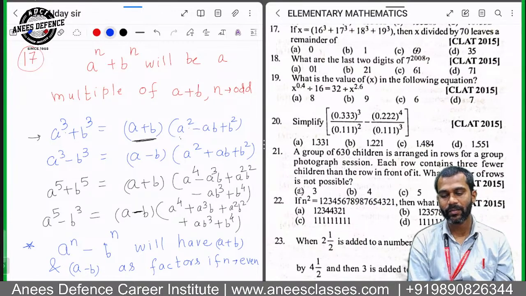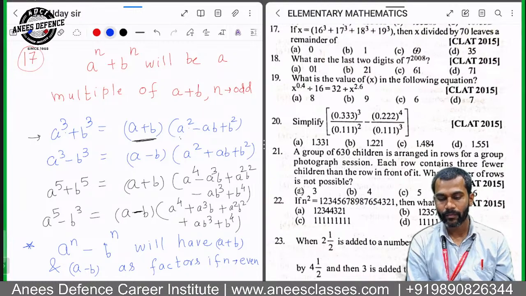How can we solve it? Very easy. Question number 18: we need to find the last two digits of 7 raised to 2008.